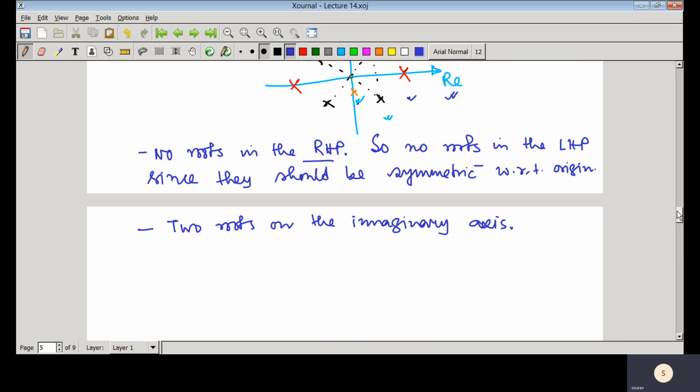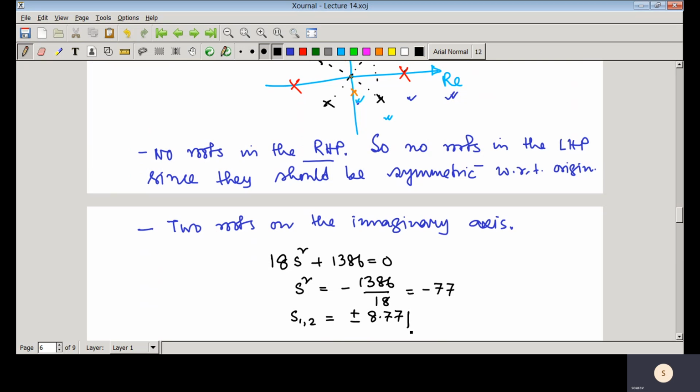And here, if we take that auxiliary polynomial, that is 18s square plus 1386 equal to 0, then we can find that s square equals minus 1386 divided by 18, that is minus 77, and you have two roots, that is plus minus 8.77j.